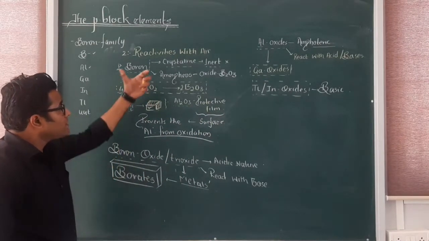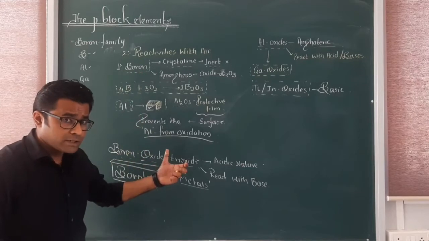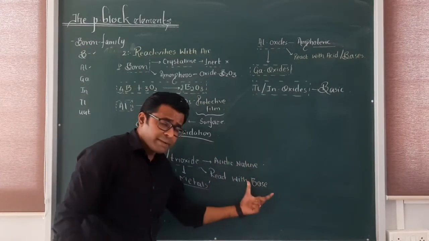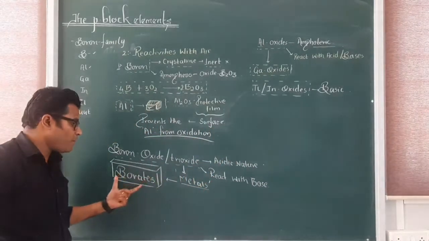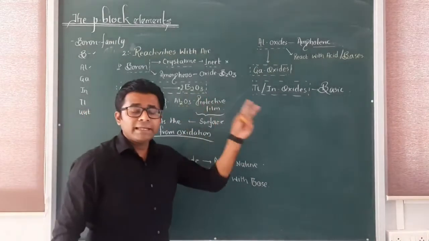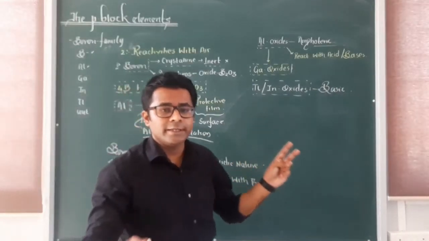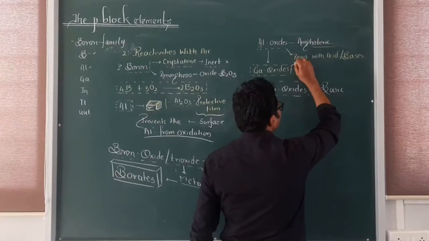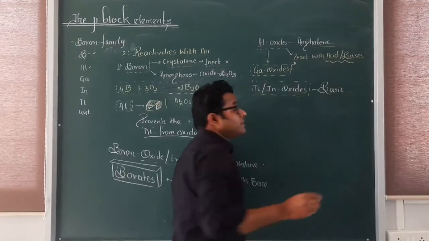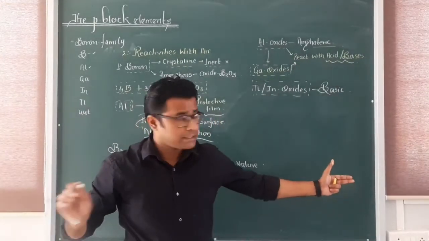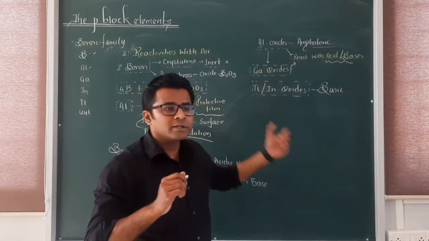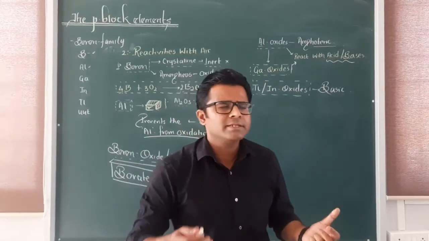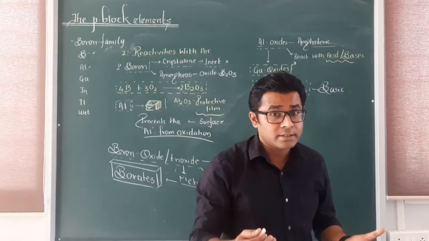First one, the boron oxides and trioxides tend to give us acidic nature, which reacts with base and also with metals in order to form borates. Aluminium and gallium oxides are amphoteric in their nature. That means they are going to react with both the acids as well as with the bases. Correct? While when we observe the indium oxides and thallium oxides, these are basic in nature. That means they are going to react with acids.